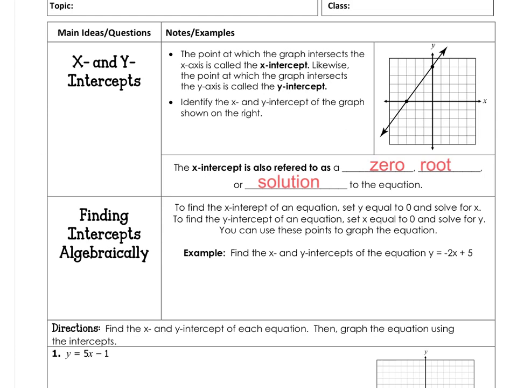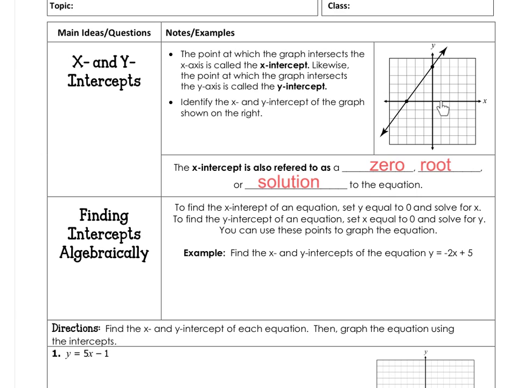An x-intercept is also known as a zero, a root, or a solution. When we find the intercepts, because we know that y equals 0 on the x-axis, that's what we have to do to solve for x.